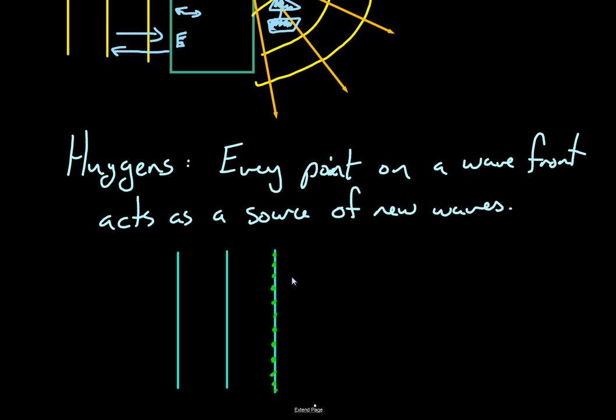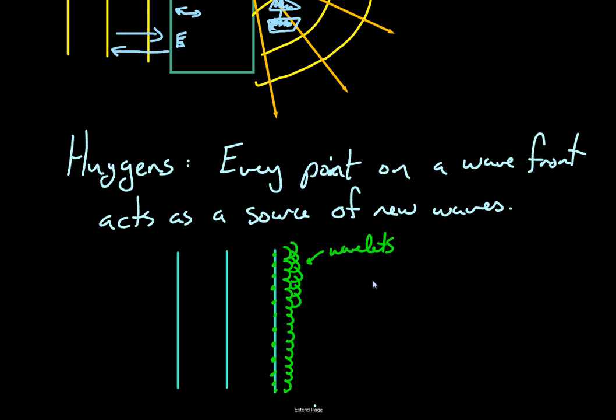So he said to think of a wavefront as an infinite number of little curved wavelets, side by side, just waiting for their partners to get blocked off so that they can continue as a source of new waves. So every point on a surface acts as a point source of new waves, and you get this propagating effect. We call these things wavelets.